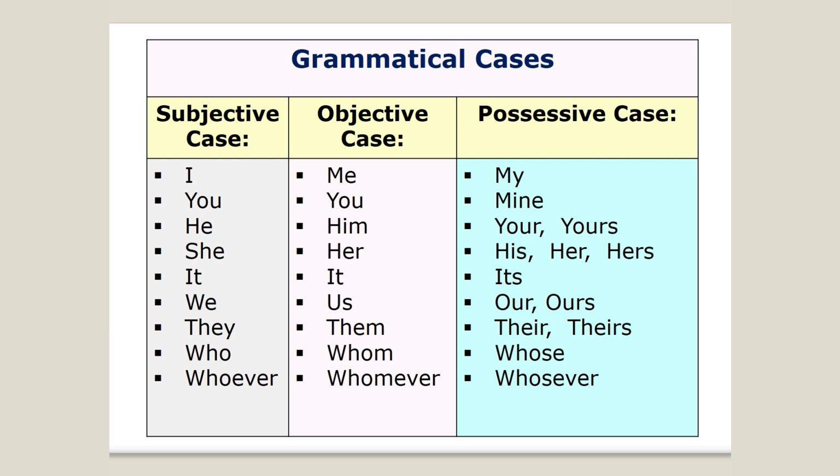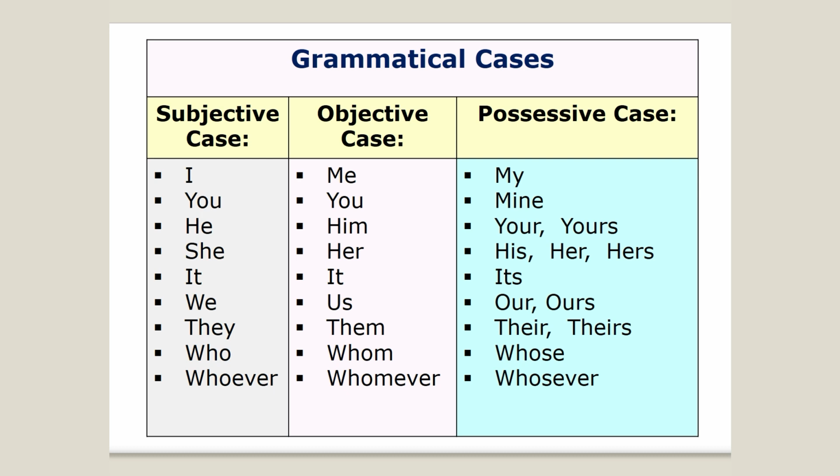Now the next one is the objective case. What is the objective case? To whom we are referring: me, you, him, her, it, us, them, whomever. These are the objective case.